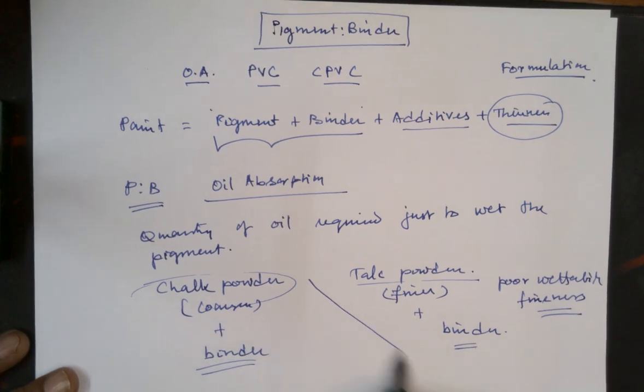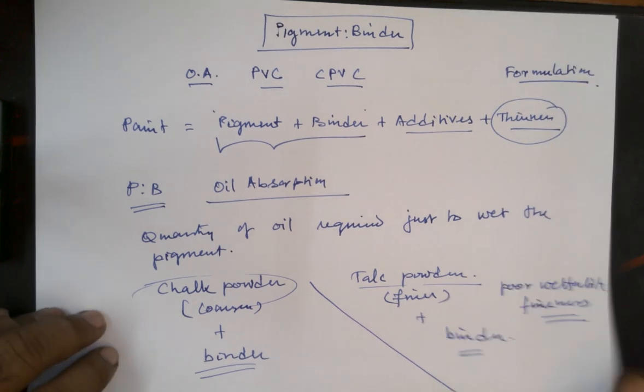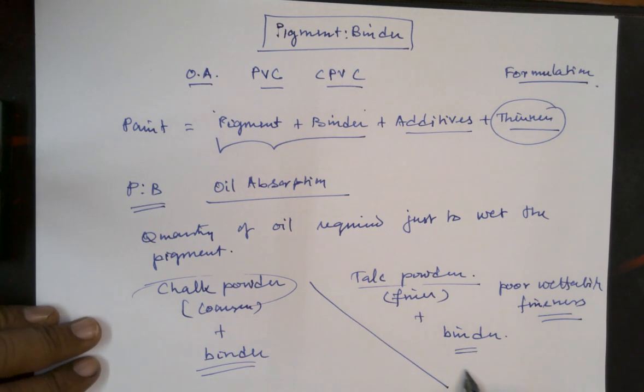So finer the particle size, greater will be the surface area. Finer means you are reducing the particle size. Finer the particle size, what do you mean by that?